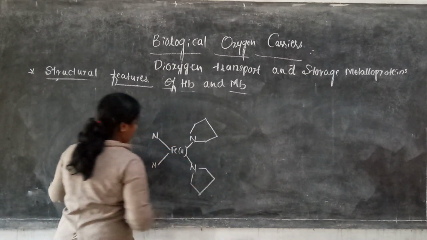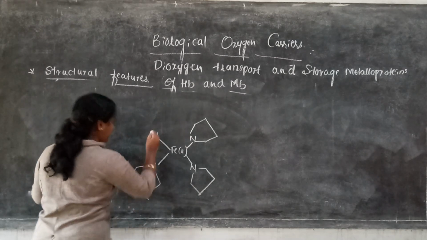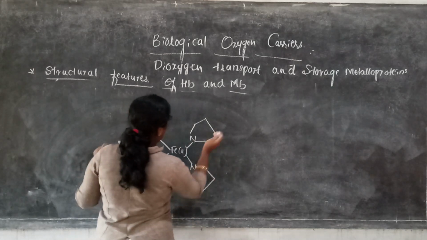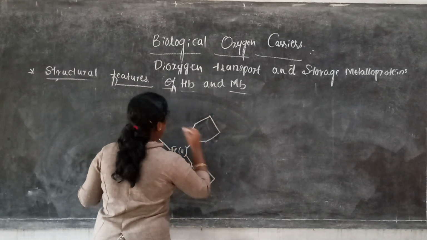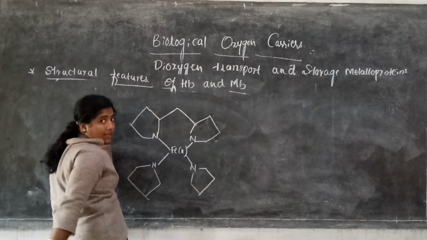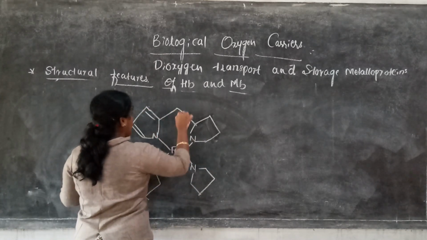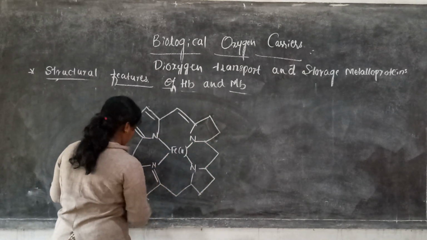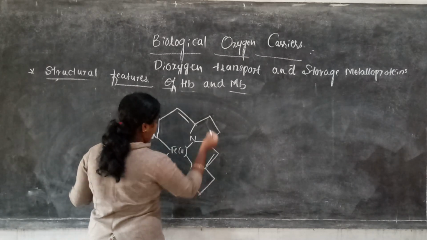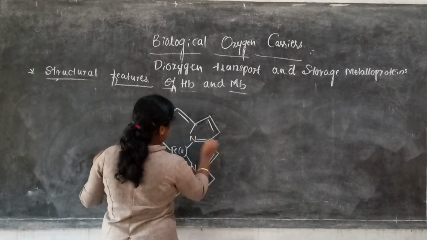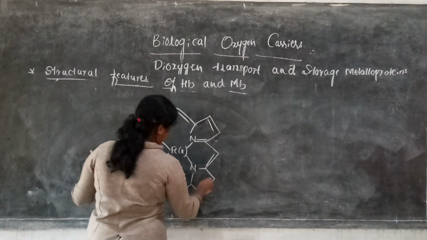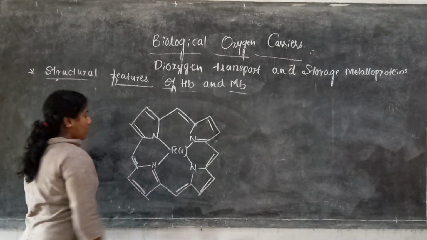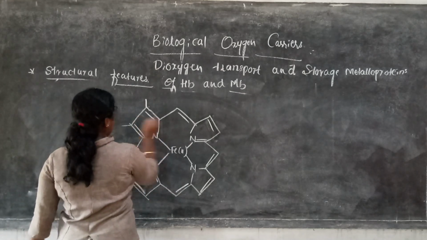Modified 4 pyrrole system, interconnected at the alpha carbons. And this is the protoporphyrin having different substitution groups.